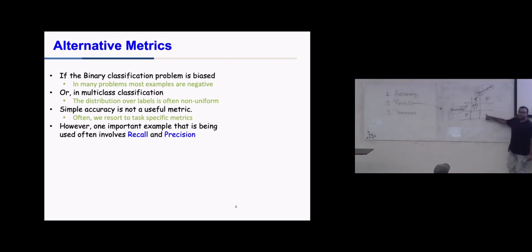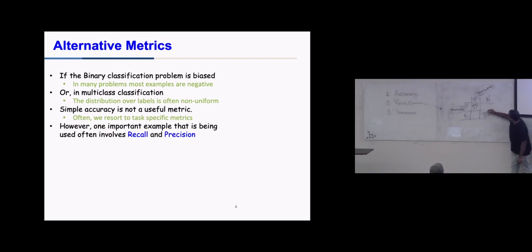What is this? Let me simplify that, because in terms of positive and negative, that's easy to connect with the names. So positive and negative, let's say. What is this? True negative, right?